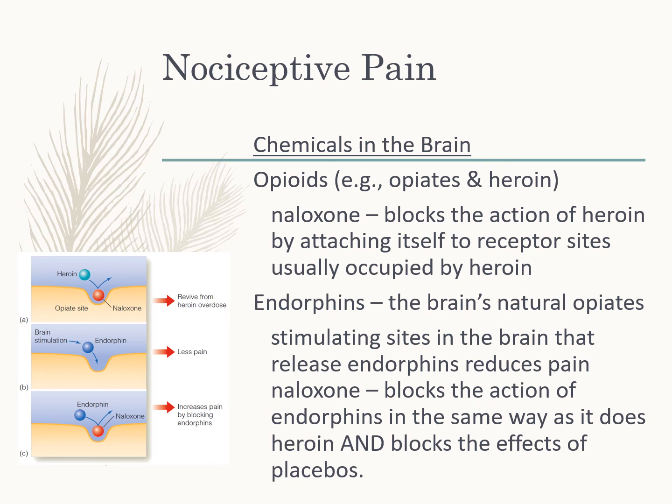And so it also blocks a placebo effect. It looks like when someone gives us a placebo, a sugar pill for pain specifically, we release endorphins. And so naloxone is also going to block the effects of placebos.